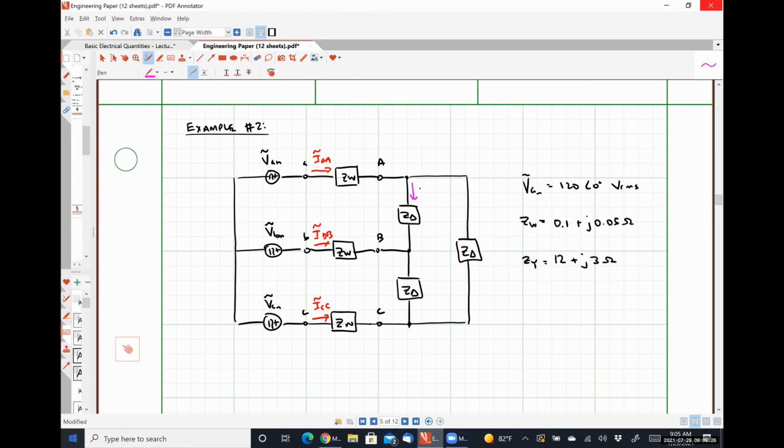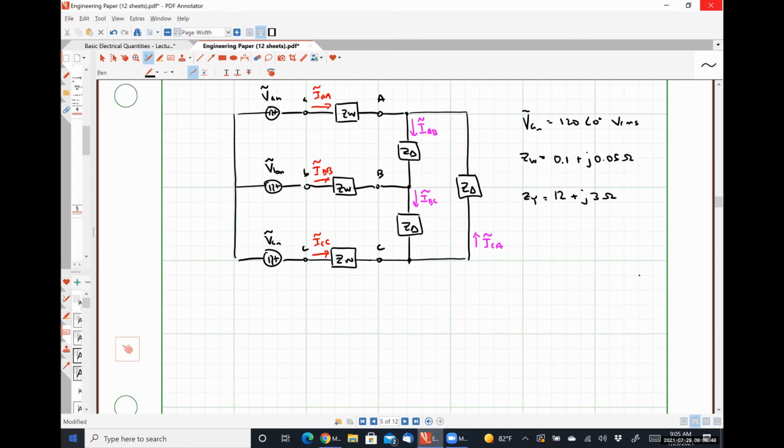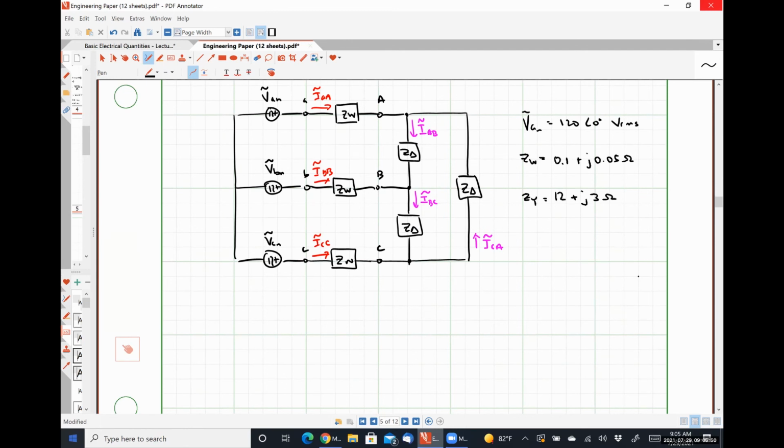And a phase current, IAB, a phase current, IBC, and a phase current, ICA, like so.